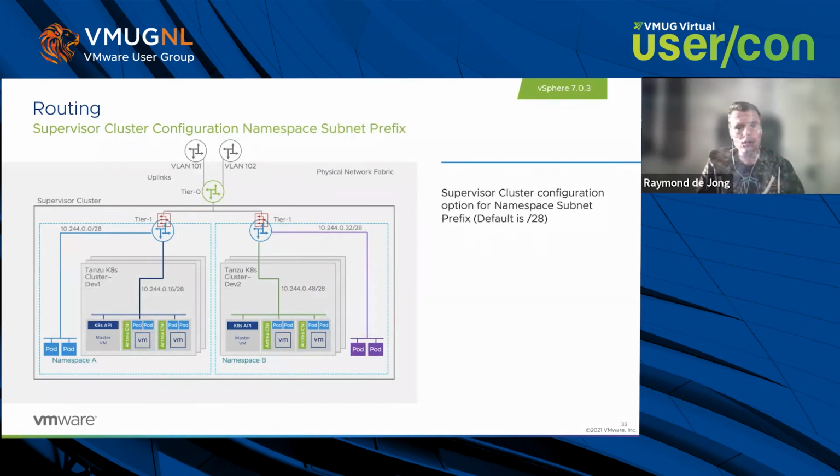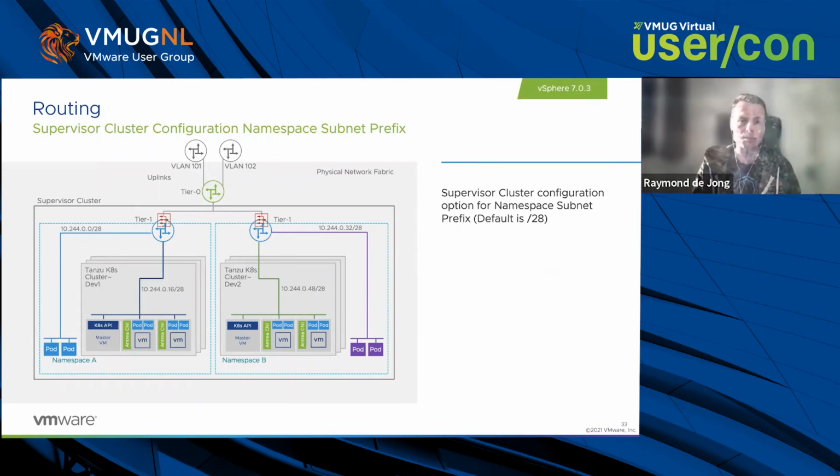Then you can also configure from vSphere 7.0.3 on the cluster level the namespace subnet prefix. So in previous versions, the subnet prefix was always /28, but on a cluster level, you can make it either /29 or /26, /27, whatever you need, depending on the IP addressing needs and requirements for your development teams to operate.